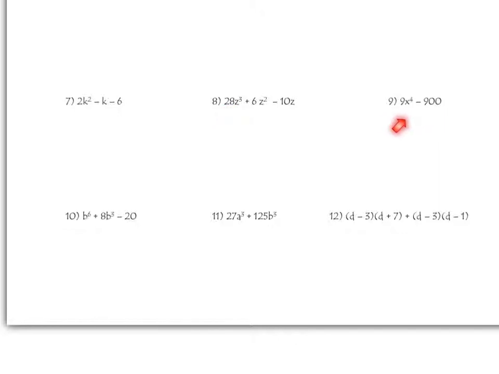In number 9, 900 is not a perfect square, but first we factor out a 9, and so we have 9 times x to the 4th minus 100, and now we do have a difference of squares because x to the 4th is the same thing as x squared squared, and so the root would be x squared. In number 10, we don't have a difference of squares.